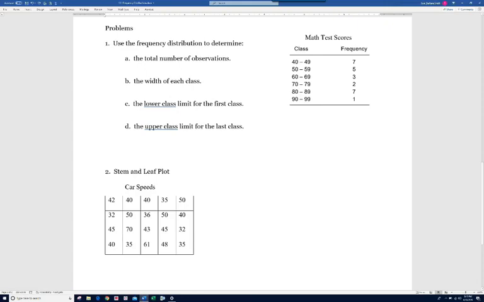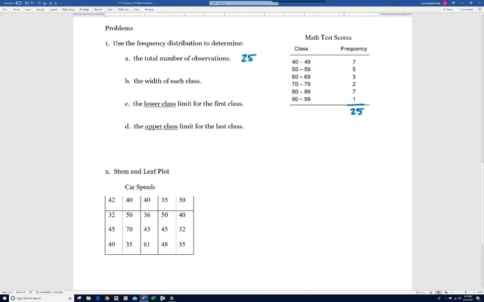Letter A, the total number of observations. We're going to want to add up our frequencies, and you should have gotten 25 there. So there were a total of 25 students polled in some math class. The width of each class, well, be careful here. The first class goes from 40 to 49.